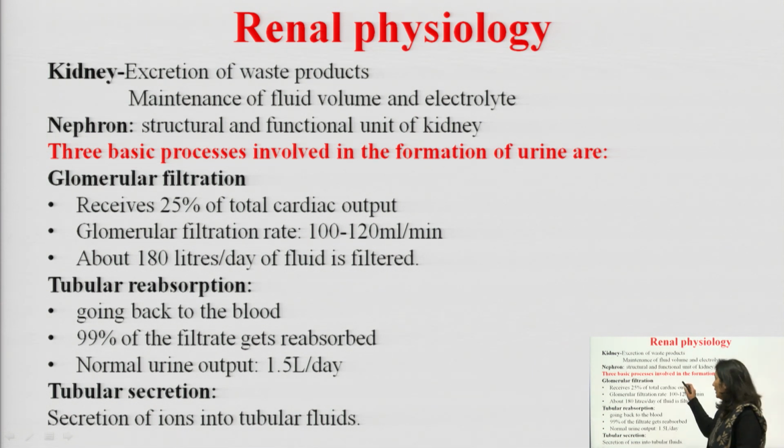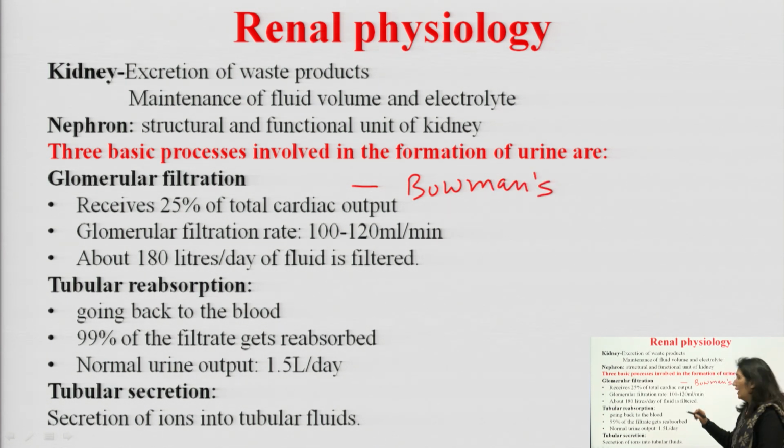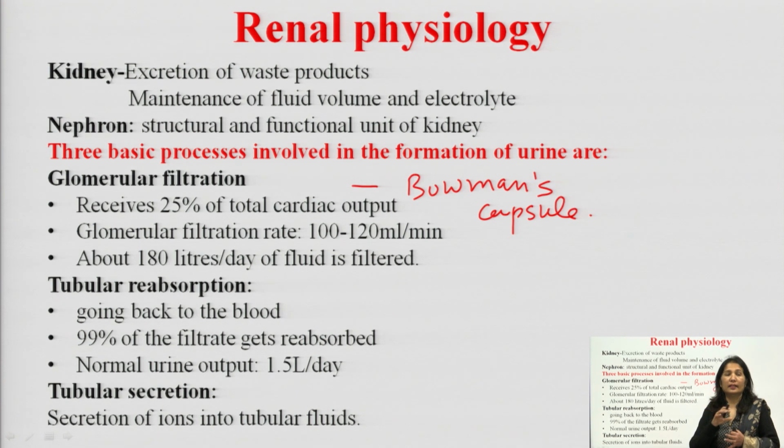Filtration occurs at the Bowman capsule, which is surrounded by a network of capillaries known as the glomerulus. We will see this further in the diagram.